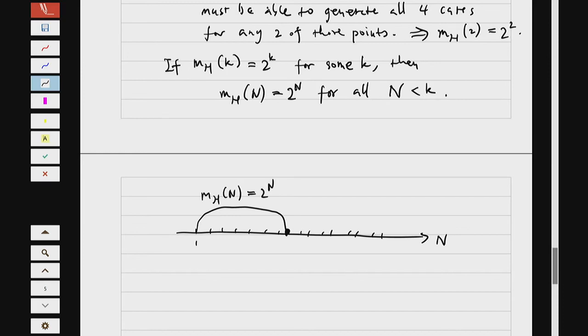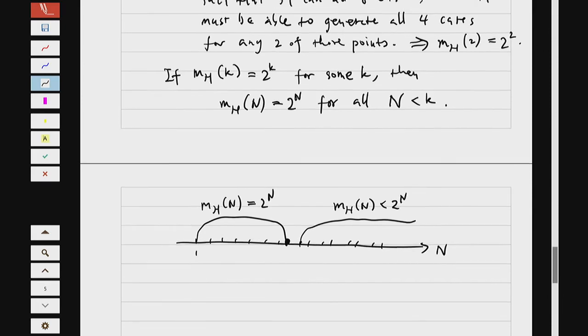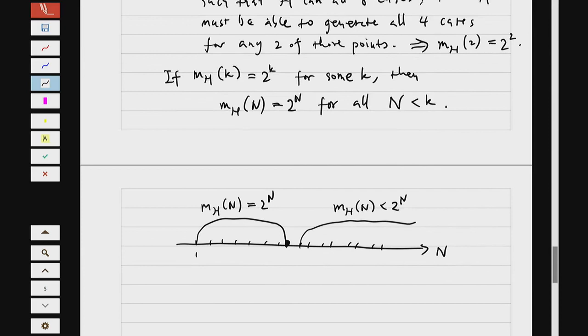But starting from this point, I'm strictly less than 2 to the nth power. Because once I have one point where I get 2 to the nth power, all of the other points before it will have the same property. So they will be a consecutive block. The entire block has full shattering, and then we have a block that cannot. Is everyone convinced about this point?